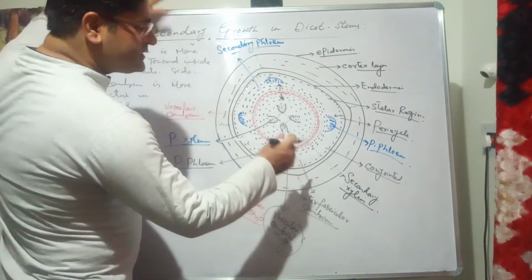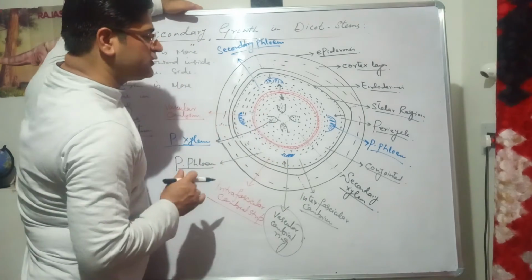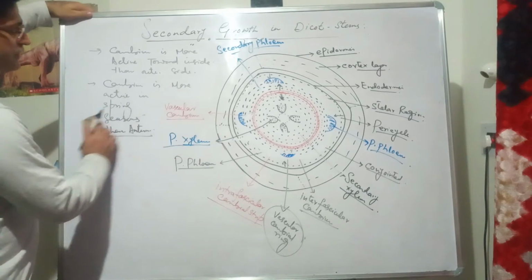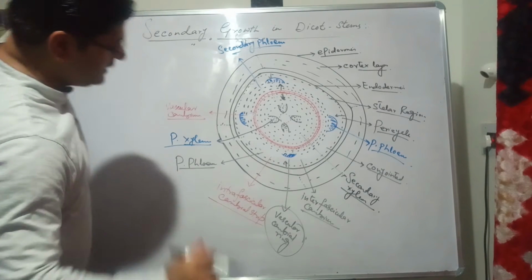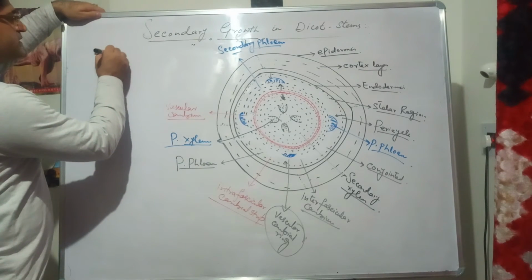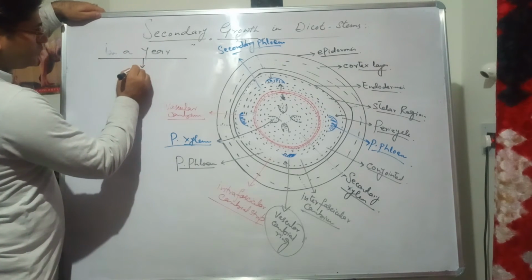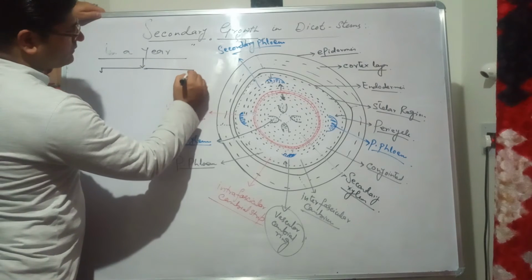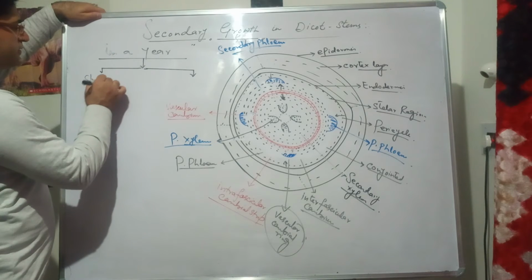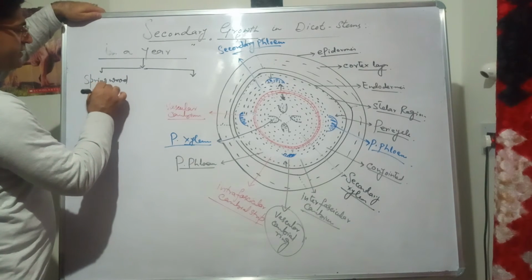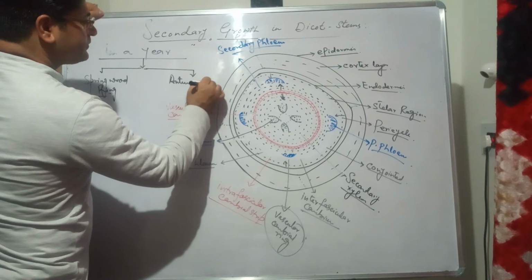Okay, so in a year two types of wood are going to be formed, spring wood and autumn wood, but both the woods are going to be formed in a ring manner. So if we say in one year, there is the formation of two types of rings. One is the spring wood ring, another will be the autumn wood ring.